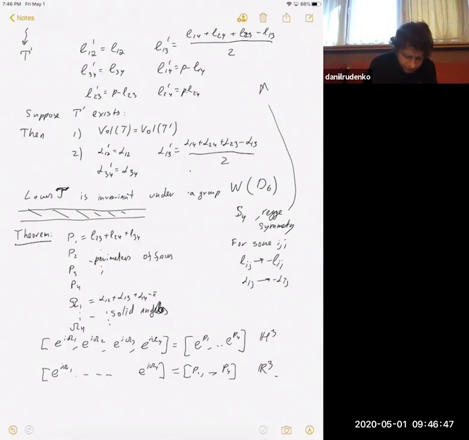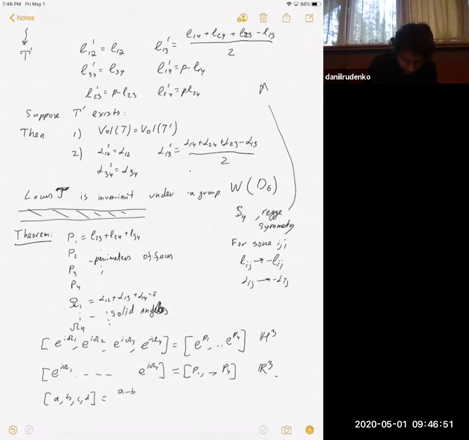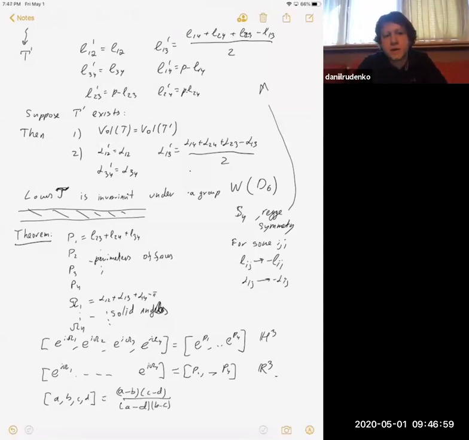Sorry, by the way, this is just the cross ratio: A, B, C, D is just (A minus B)(C minus D) over (A minus D)(B minus C). And also recently, a few months ago, Fedya Petrov obtained a proof using completely elementary methods, and it is pretty long and pretty complicated, involving some geometric constructions and some trigonometry. So it's pretty hard.